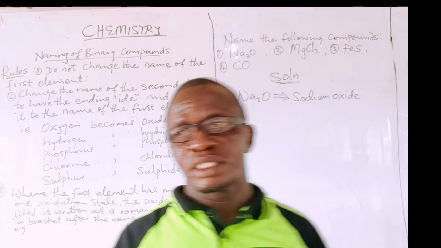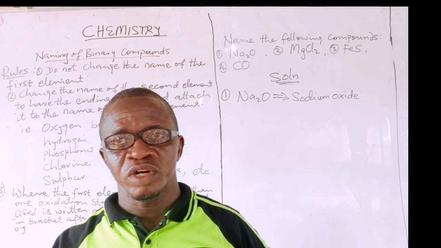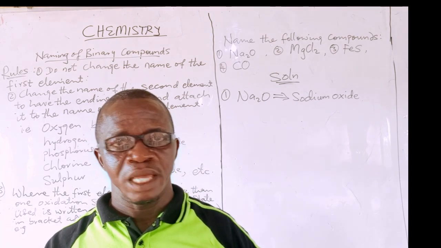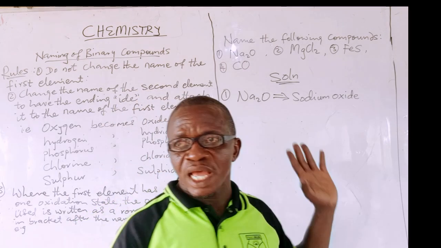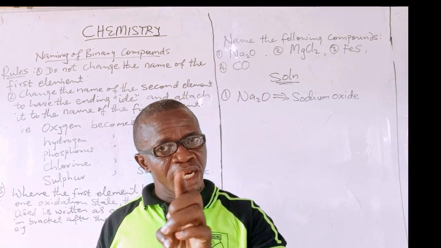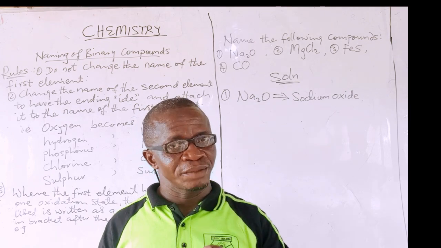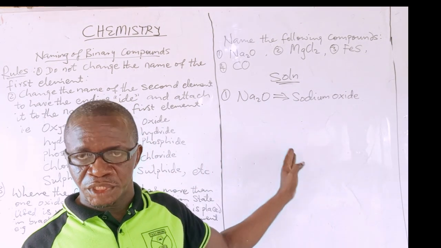The reason why that is so simple and straightforward is that sodium is among the first 20 elements and is a metal. When you have any first element standing in a binary compound and you check the element and it's a metal, it is always named this way.